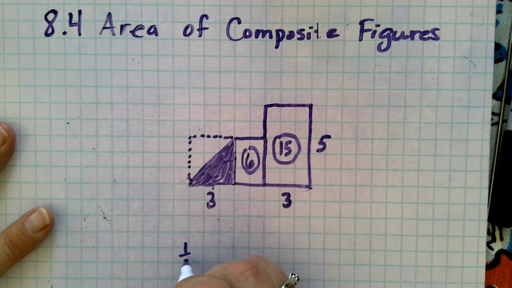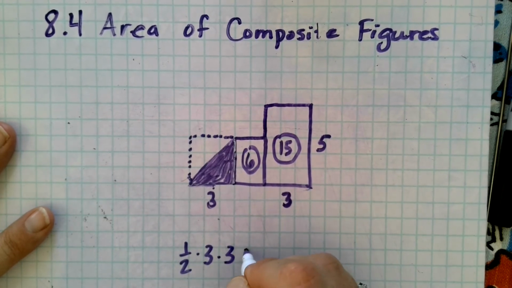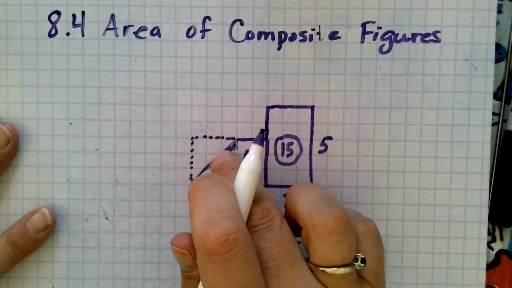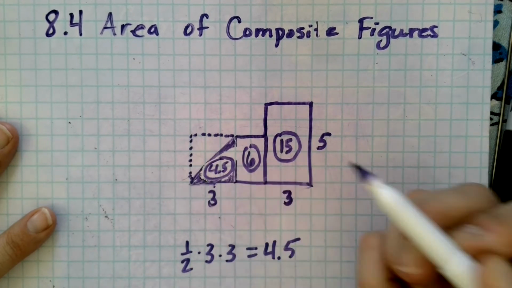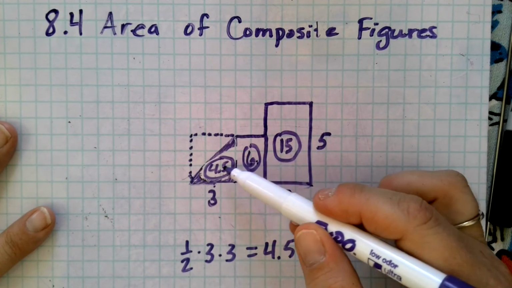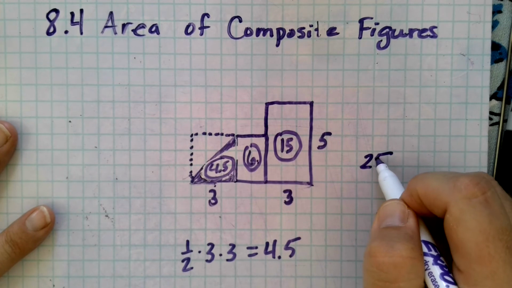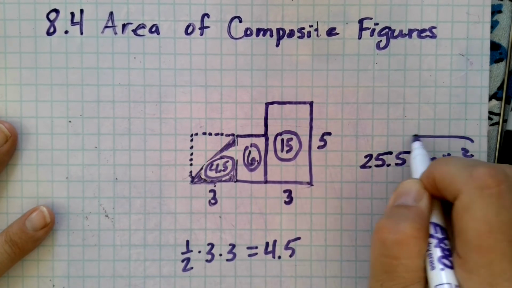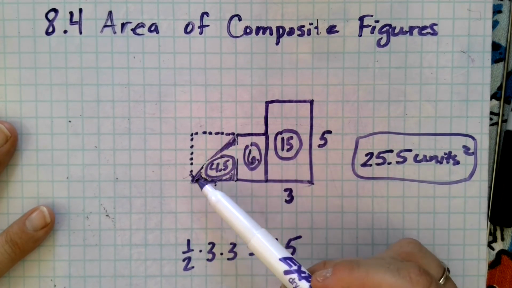So we're going to say 1/2 of 3 times 3. 1/2 of 9 essentially is going to be 4.5. So this area here would be a 4.5. All right. So we are going to add all these up. 15 and then 6 plus 4.5 would be 10.5. So we have 25.5 units squared. So that is how you are going to calculate when you have a triangle.